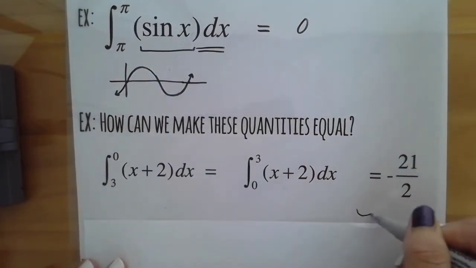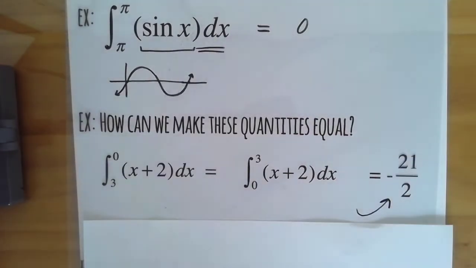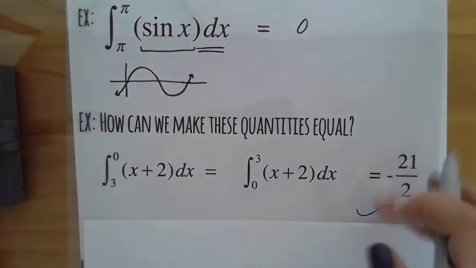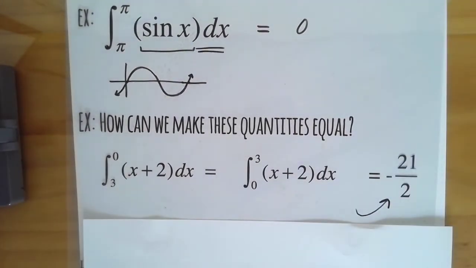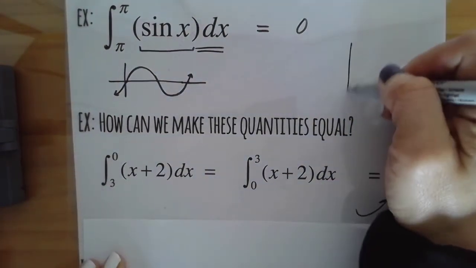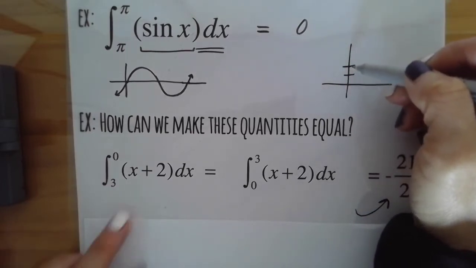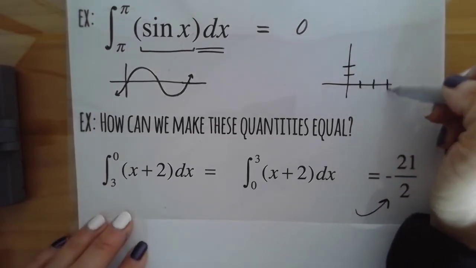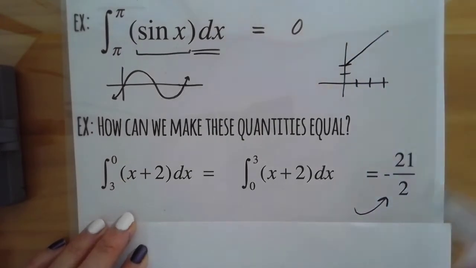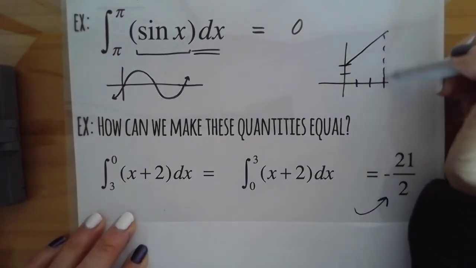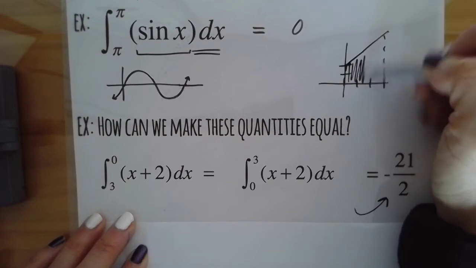And I know that this area is negative 21 over 2, and we'll talk about why area could be negative and so forth. I want to make it equal. So how do I do that? You should have a picture of what this function is. You have 1, 2, and this graph from 0 to 3, and you're looking for the area here.